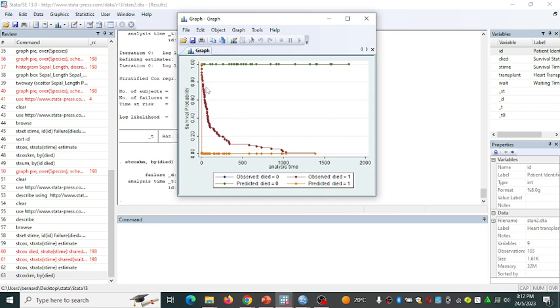Basically, these were the deaths that were recorded for this matter. So where you see this point, these are deaths. And the predicted deaths by the Kaplan-Meier curve are these ones here.